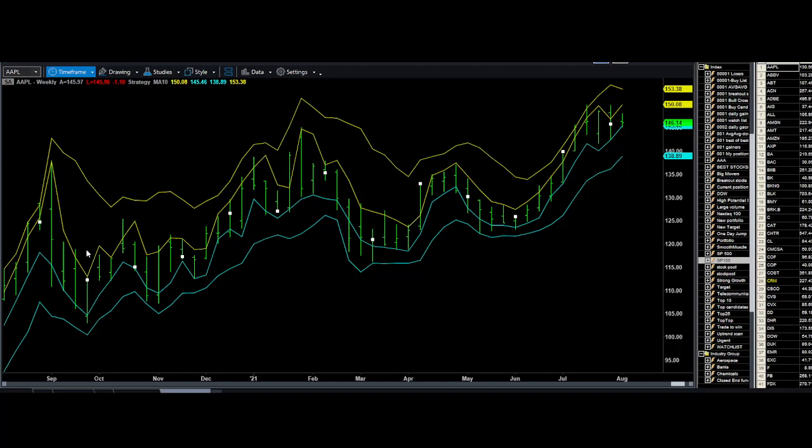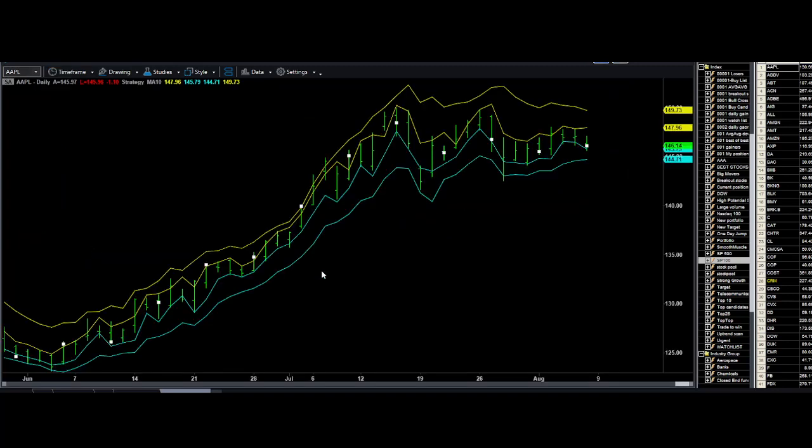And for the daily chart for Apple, you see these trend lines also capture the maximum value, and the blue trend line also captures the minimum value very well. So you can see the stock price fluctuation is basically enclosed between these trend lines very well.